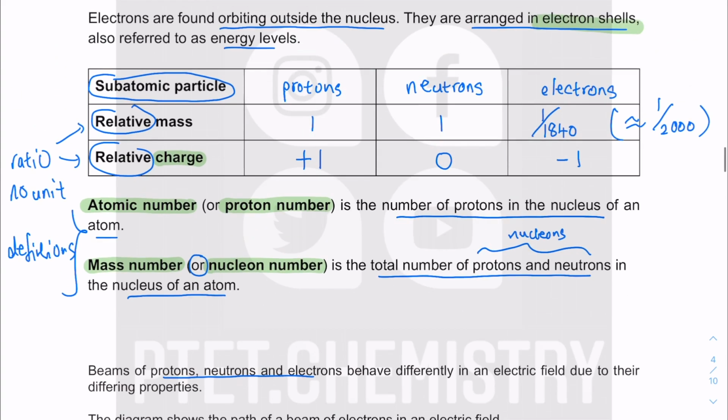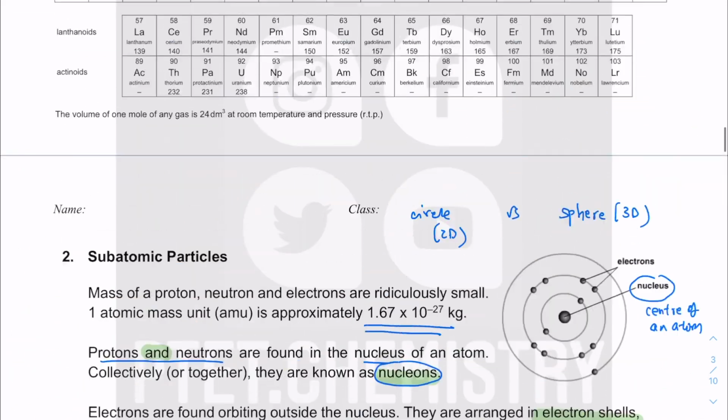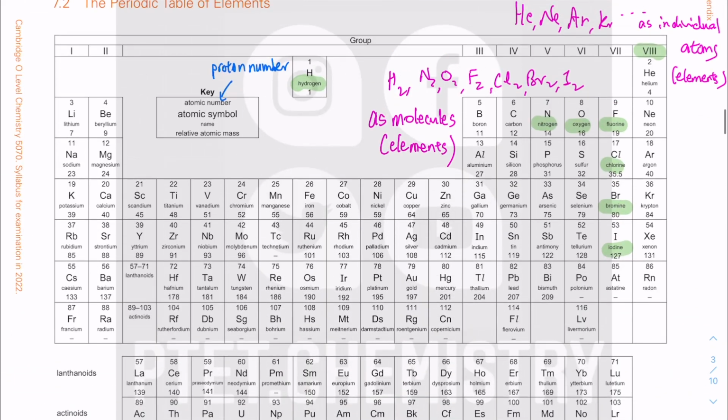Because nucleon refers to the nucleons in the nucleus of an atom, and also electrons are very, very light, 1840 times lighter exactly, less heavy compared to protons and neutrons. So the bulk, the majority of the mass of an atom comes from the nucleus, which comes from the protons and neutrons.